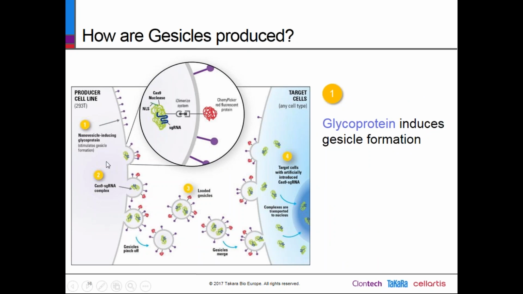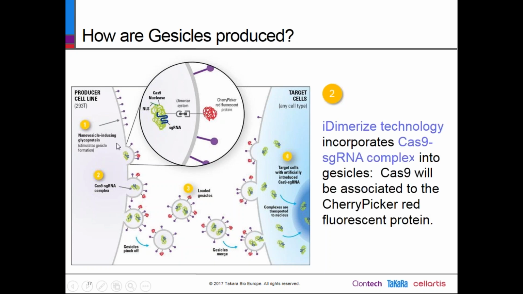So the overexpression of the glycoprotein in the producer cell line will then induce the jasicle formation on the cell membrane. And we also use another Clontech technology, which is called iDimerize, to increase the concentration of Cas9 within the jasicles.